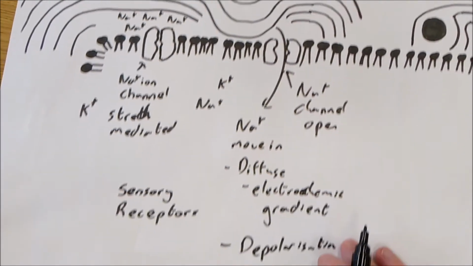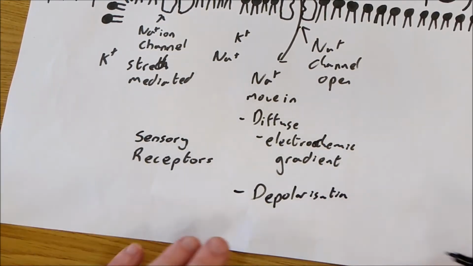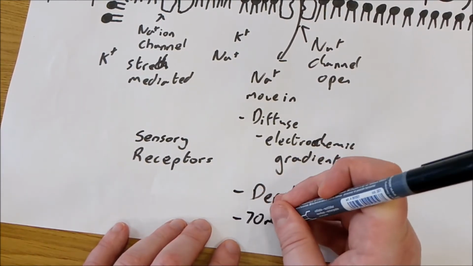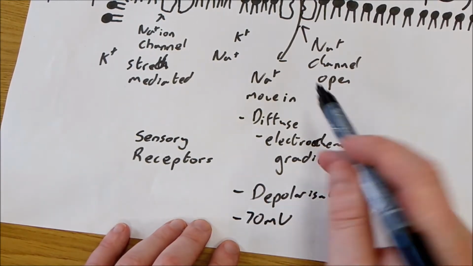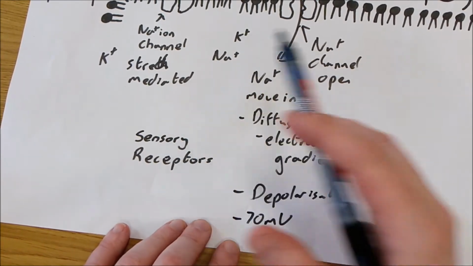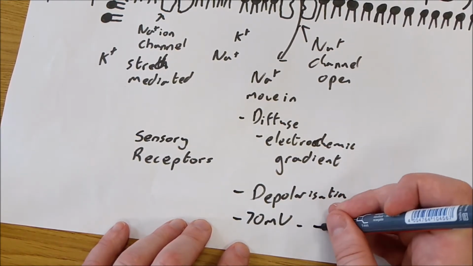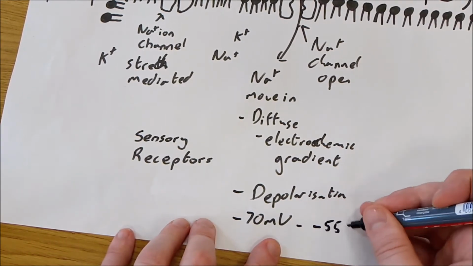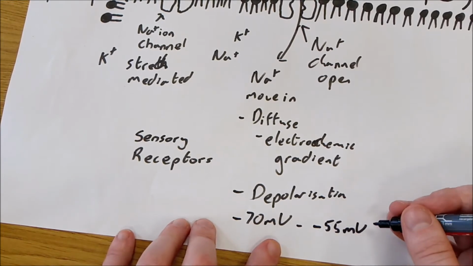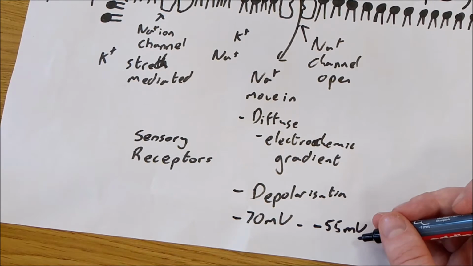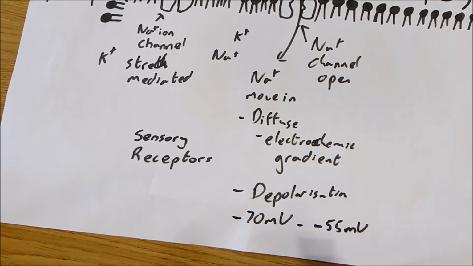Because if you remember, the resting potential is minus 70 millivolts. If enough sodium ions move in to cause that to go to minus 55 millivolts, that is enough to generate an action potential, right, which will then be propagated down the rest of the neuron.